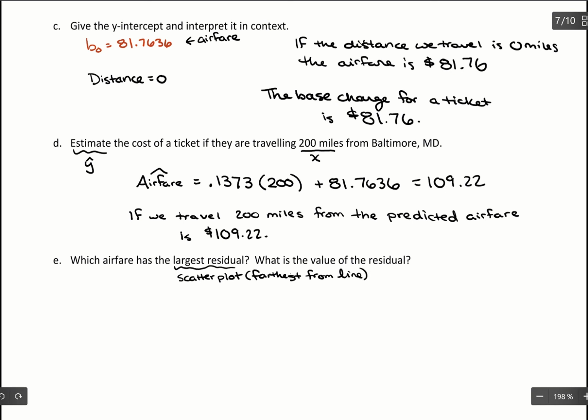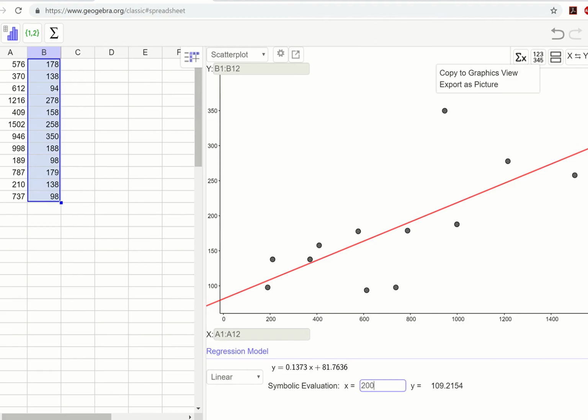So if we go back to GeoGebra for a moment and look at our exact line here, and we kind of just imagine these residuals coming through from each of these dots and mapping these distances from the line, what we could see is this value up here, this is going to create the largest distance from the line. Everything else is fairly close.